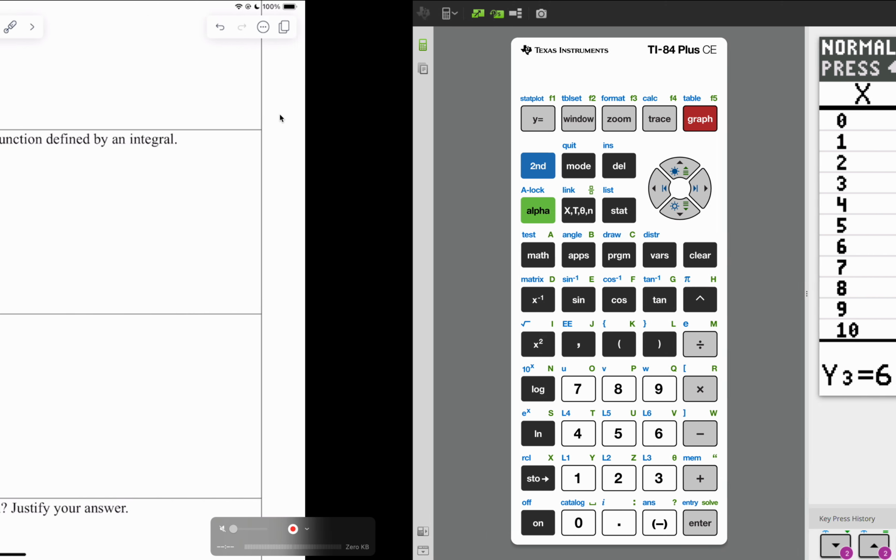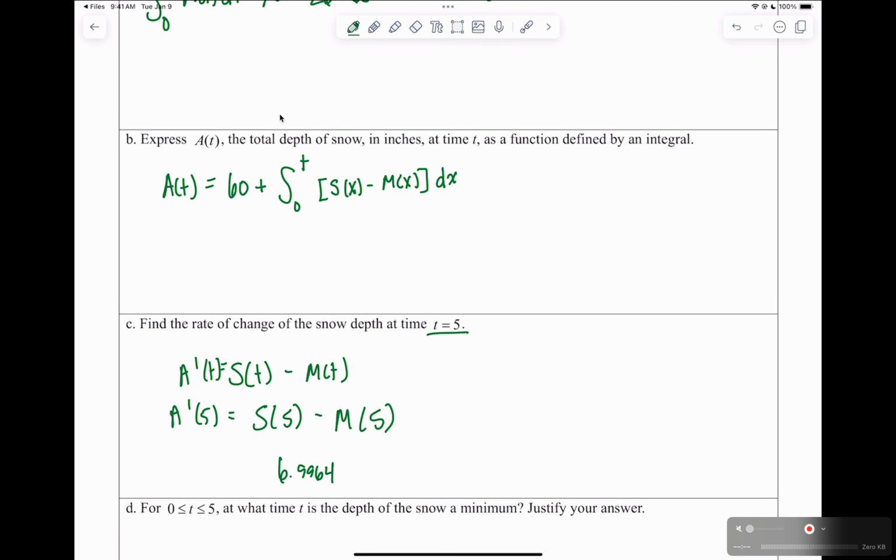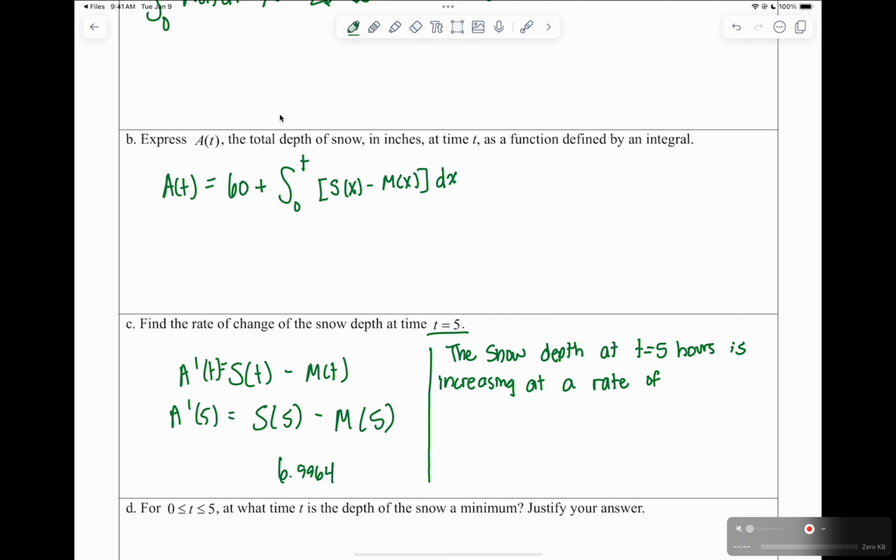It doesn't tell you to justify, however, this is good practice on justifying. So this is essentially saying the snow depth at time t equals 5 hours is increasing at a rate of 6.9964. That's all we're doing for part C.